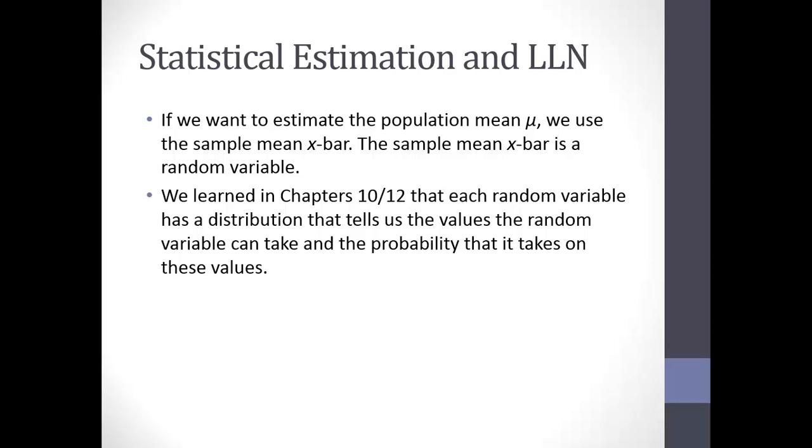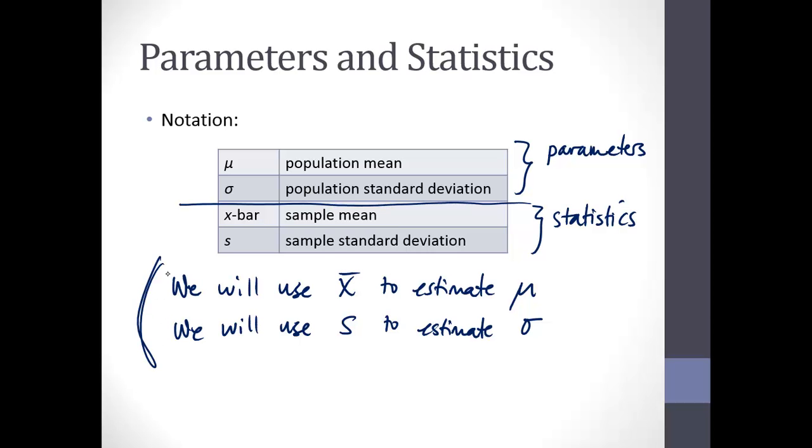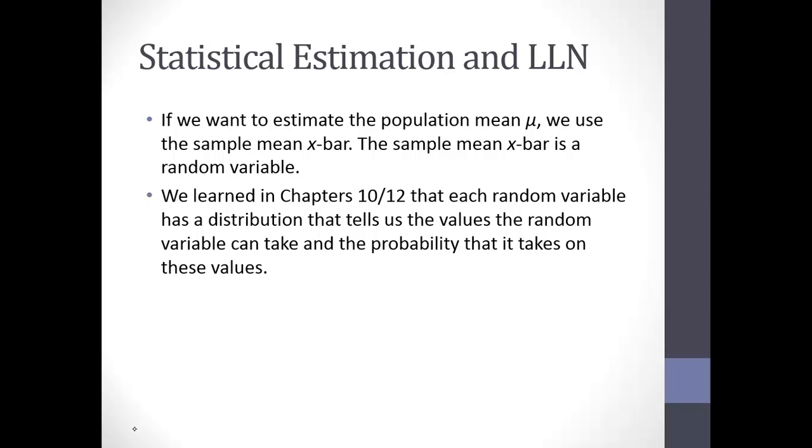So again, keeping in mind that we want to do this second thing here. We want to use these things to estimate something about our population. So if we want to estimate the population mean, we're going to use the sample mean. And so what I've said here is that the sample mean is a random variable.